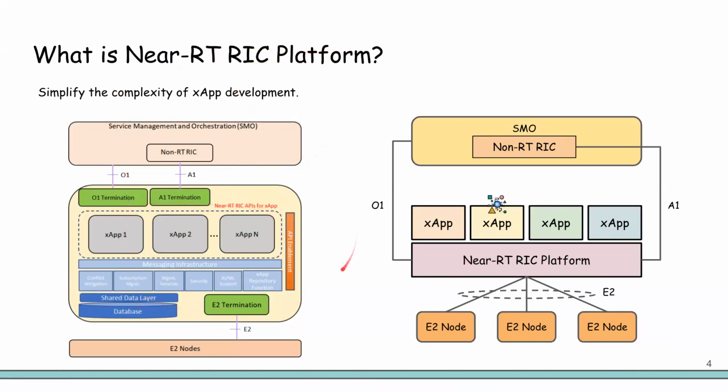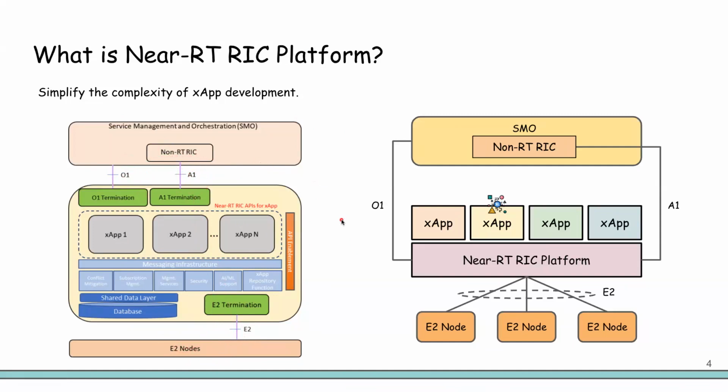This figure is defined by O-RAN Alliance, and as you can see, there are three interfaces: E2, A1, O1. E2 connects to the E2 node. E2 nodes would be the base stations, and the base stations support the E2 connection. And A1 and O1 connect to the SMO, and A1 connects to the non-RT RIC.